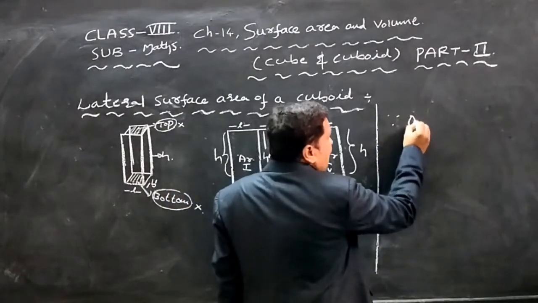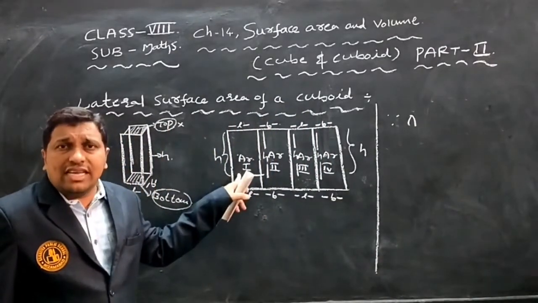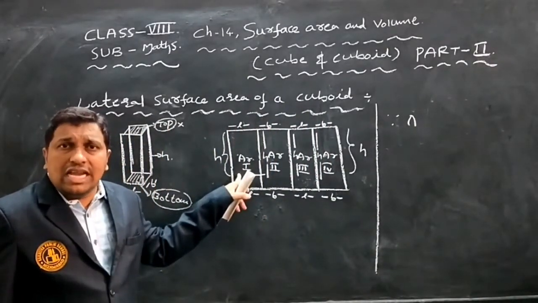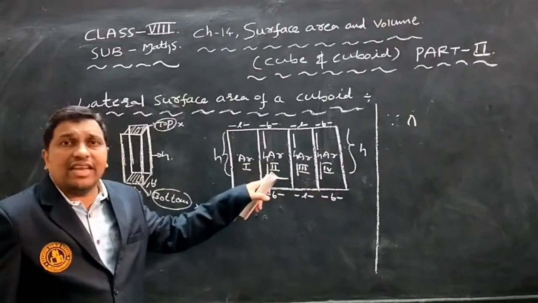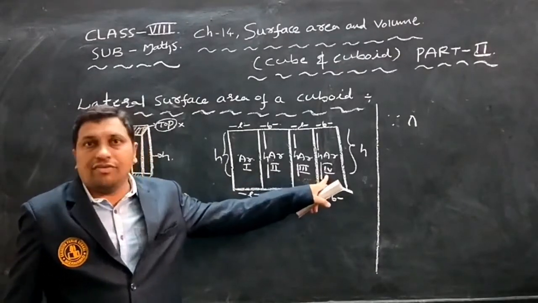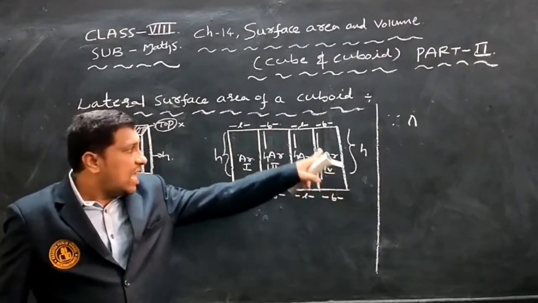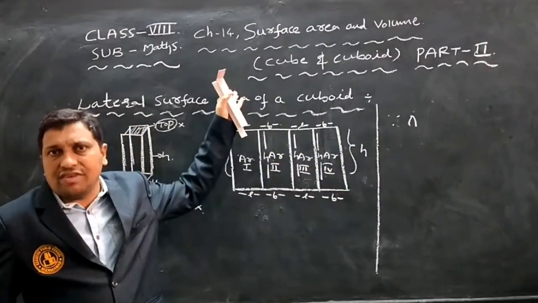The area of a rectangle is L into B. So this is the area of rectangle 1, this one is the area of rectangle 2, this one is the area of rectangle 3, and this one is the area of rectangle 4. We have to calculate these 4 areas and add them, so we get the lateral surface area of a cuboid.